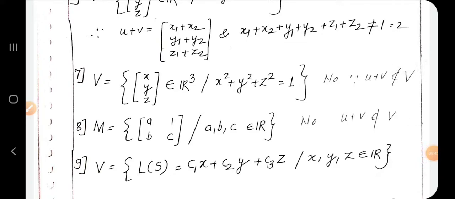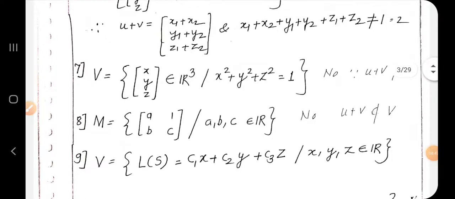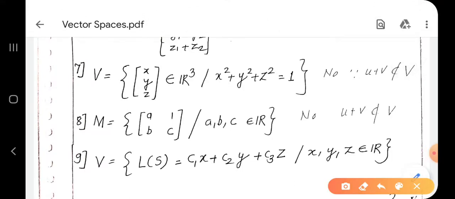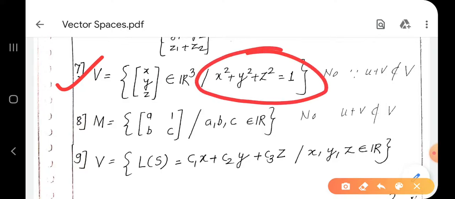In less time we will solve a little bit, 1 or 2 examples. Suppose here I have to solve this example. V is equal to, again a vector x, y, z is given, belongs to R cube such that x square plus y square plus z square equal to 1. This condition is very important. x square plus y square plus z square equal to 1. Okay.